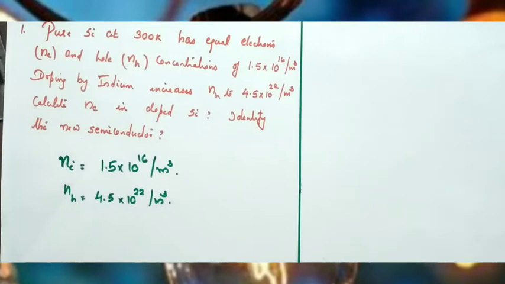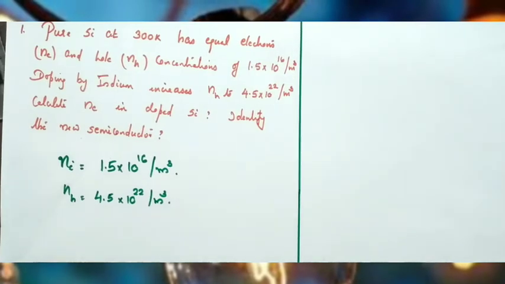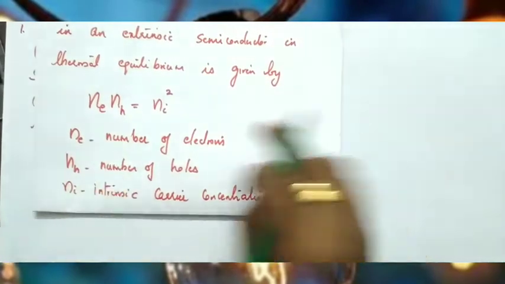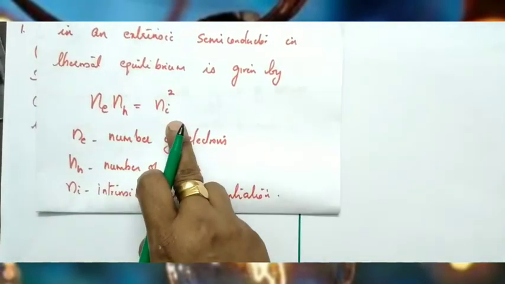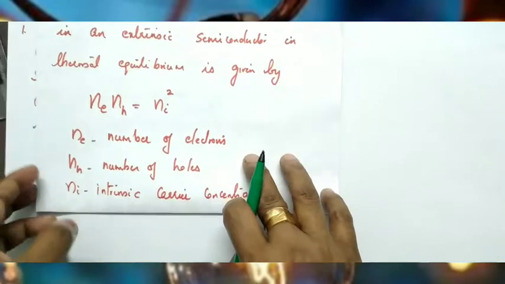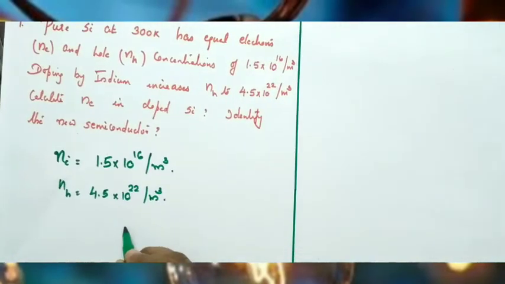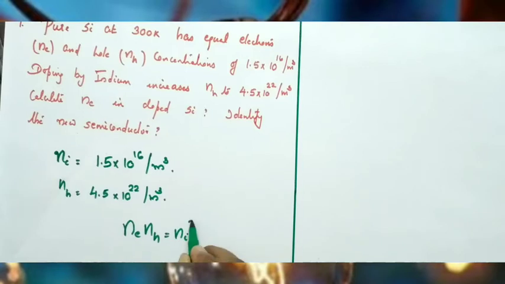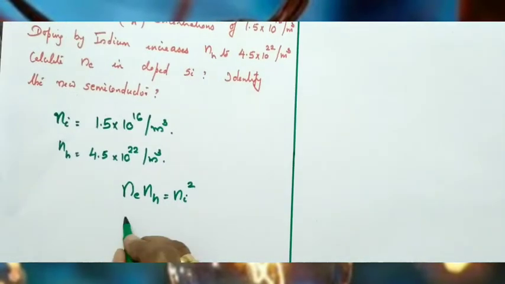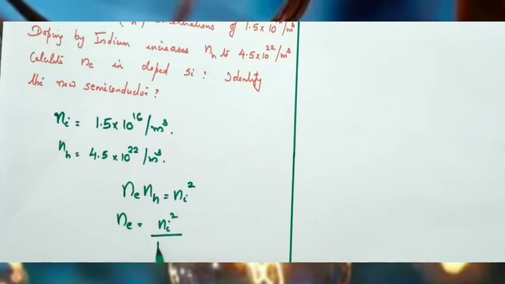We know the relation between the number of electrons, number of holes and intrinsic carrier concentration. What is the formula for extrinsic? Ne into NH is equal to Ni square. This is the general formula. So Ne we have to find out, Ne equal to Ni square divided by NH.